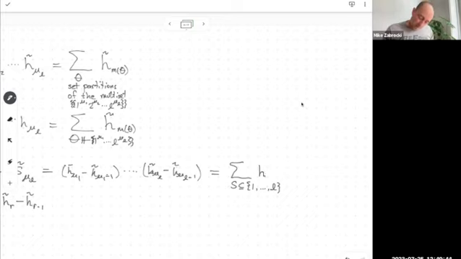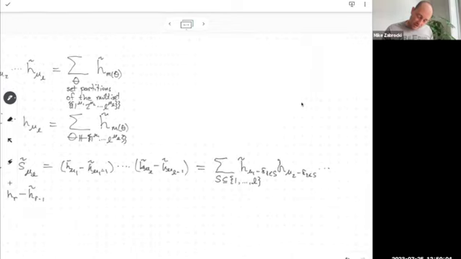And this is H mu1 minus the indicator of 1 in S tilde, H mu2 minus the indicator of 2 in S, and H mu L tilde, tilde on the H, not on the mu, minus L in S. Hope that's readable. Okay.